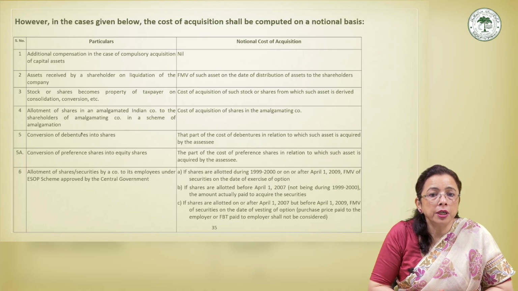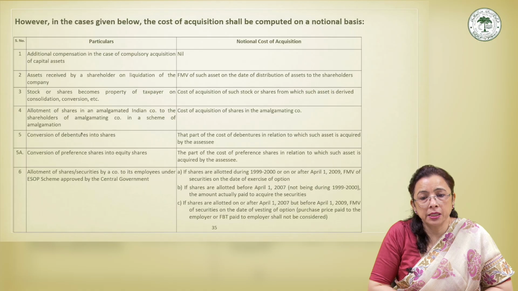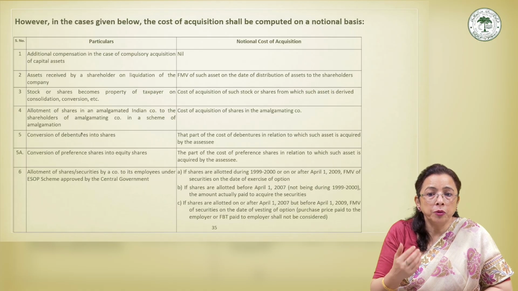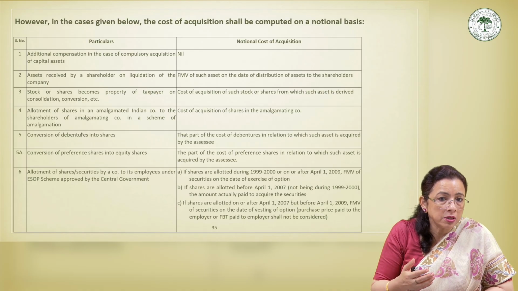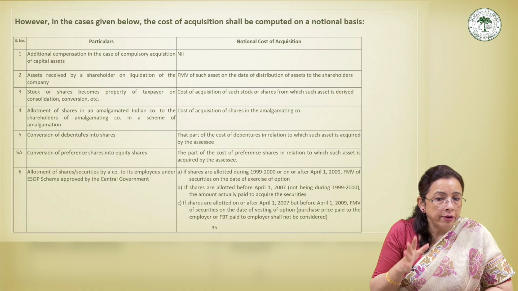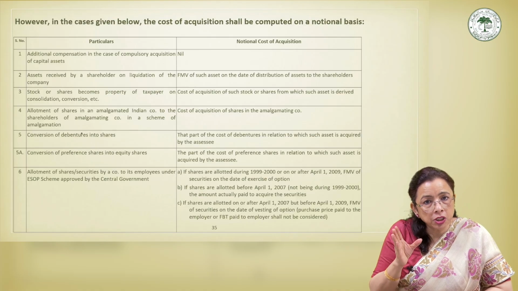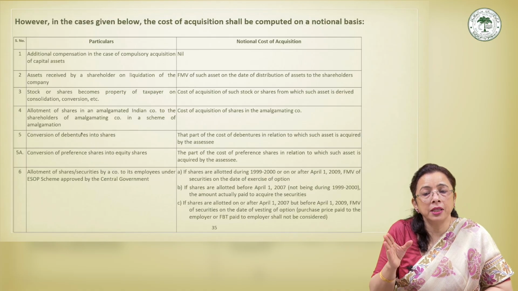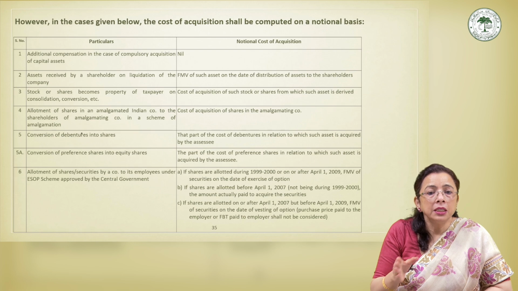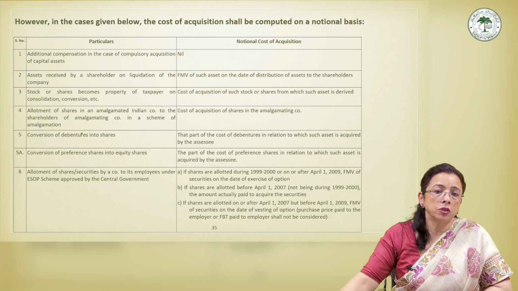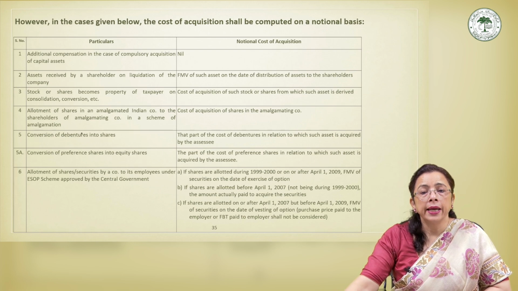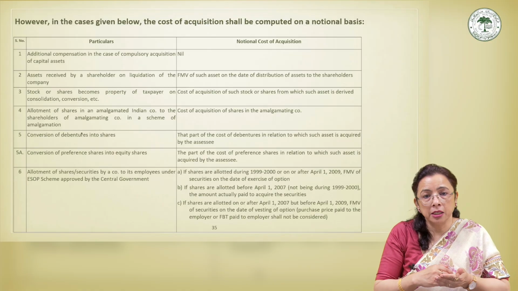Since the shareholder does not actually purchase the new shares, the law provides continuity in cost. Therefore, the cost of acquisition of shares received in the amalgamated company shall be deemed to be the cost of acquisition of shares held in the amalgamating company.